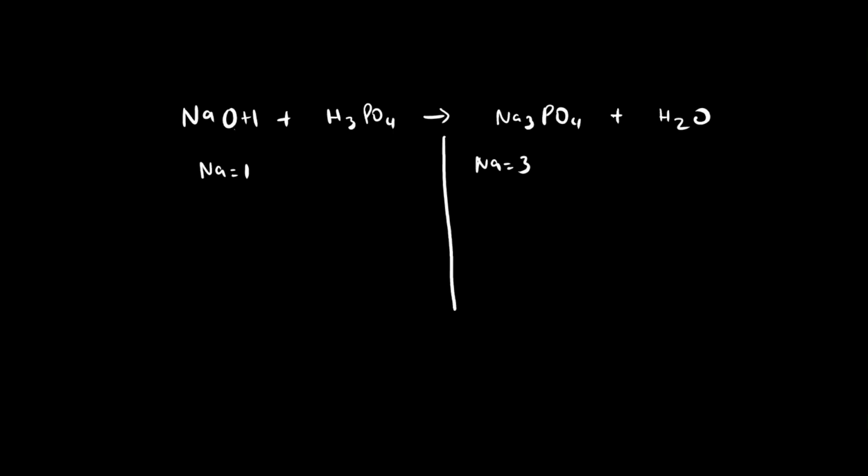Rather than treating the oxygen on the left hand side as a total of 5, it's easier to view it as you have 1 oxygen as part of the sodium hydroxide, and then you have the phosphate as a unit by itself. So you have 1 phosphate on the left and 1 phosphate group on the right.